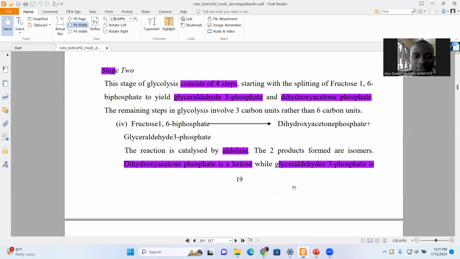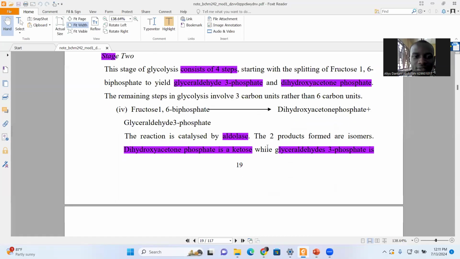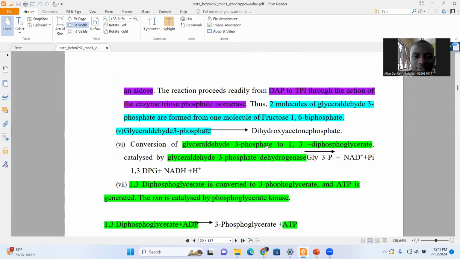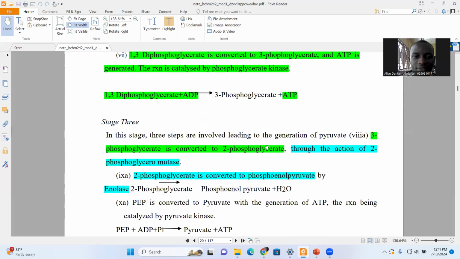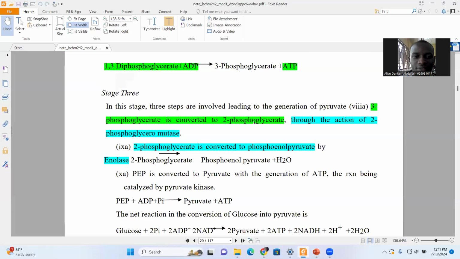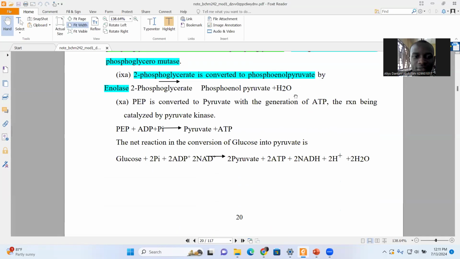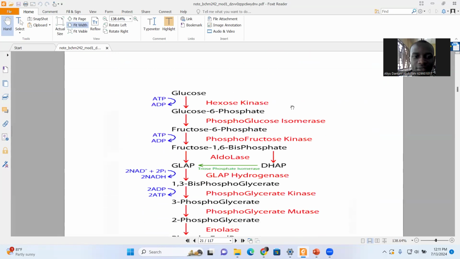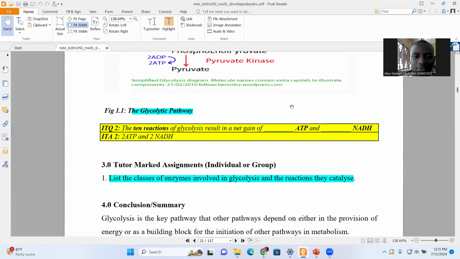So let's go back to your notes. I think basically everything that's here, I've already mentioned, but you can read more, right? They broke this down into 3 stages. I think we are still saying the same thing, okay? This is the glycolytic pathway. You take your time and read.